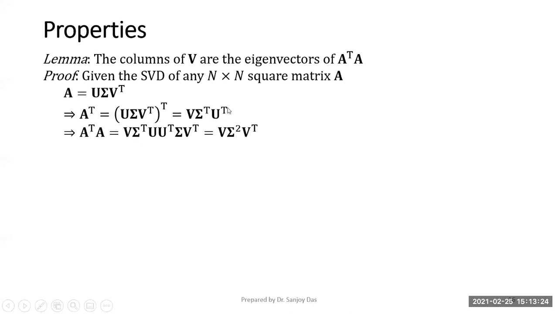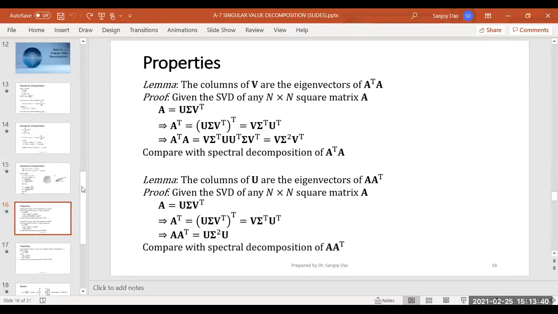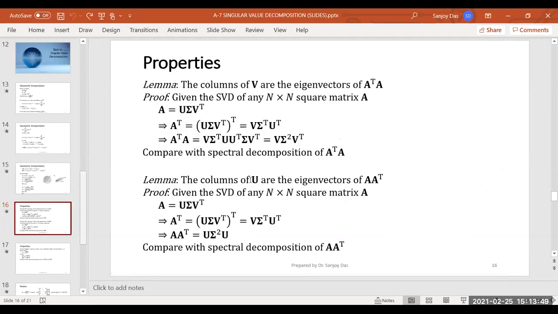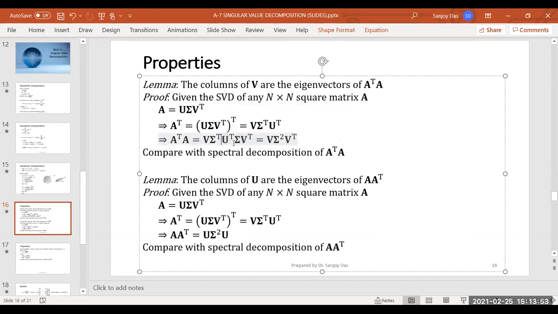It is V sigma transpose U transpose, times A, which is U sigma V transpose. Sorry, there was a typo here; it's U transpose, not U U transpose.